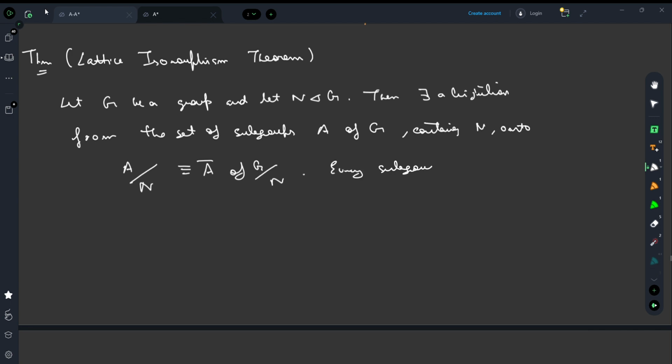Every subgroup of G mod N is of the form A mod N, with A being a subgroup of G and N contained in A. Now this is fairly easy to prove.